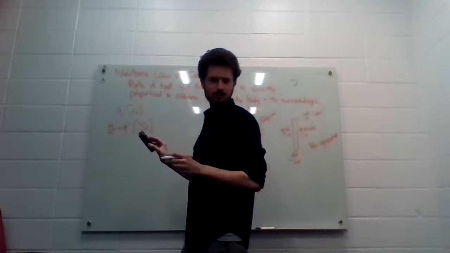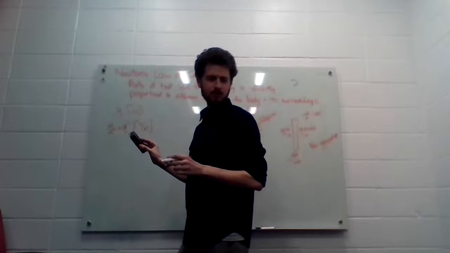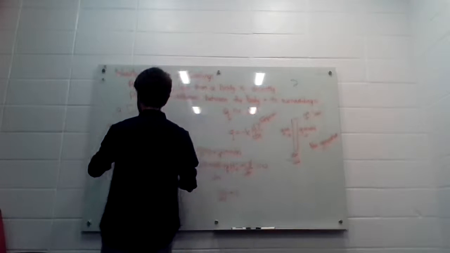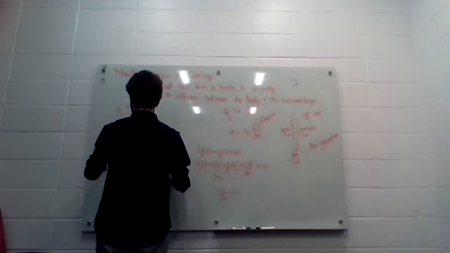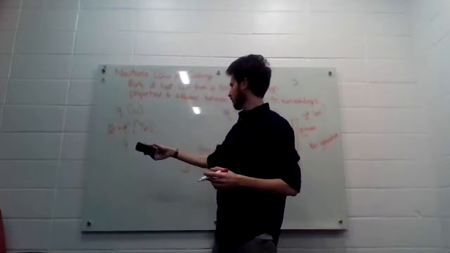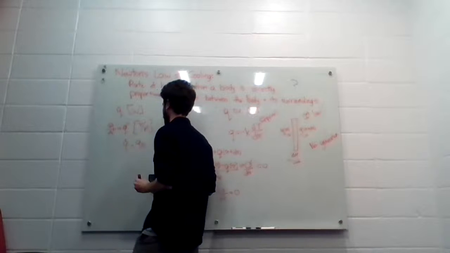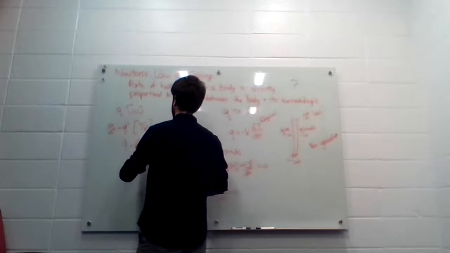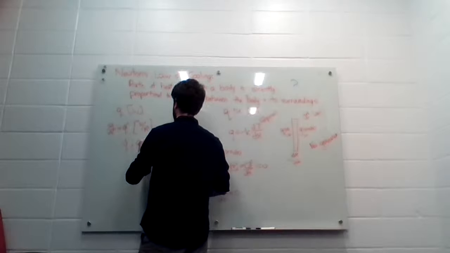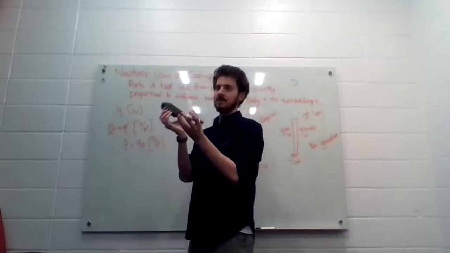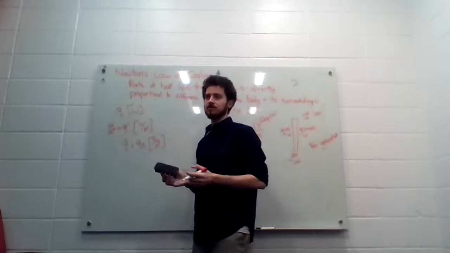And then for internal generation, I have to double check what we use. It actually might be Q dot. I'm not sure, I have to double check this book. Sometimes it's Q dot, sometimes it's QG, but that ends up being typically in watts per meter cubed. So that's saying that in a given volume, you've got a certain amount of heat transfer.